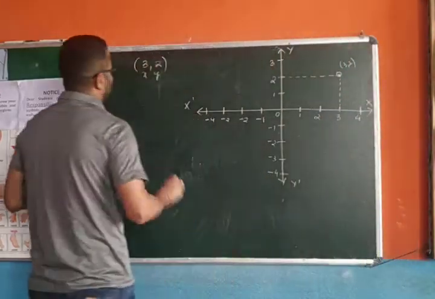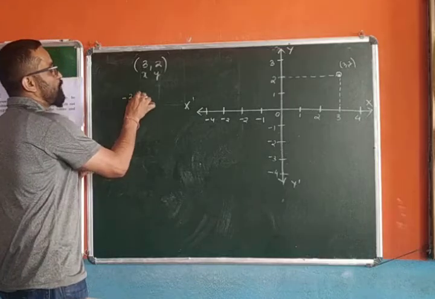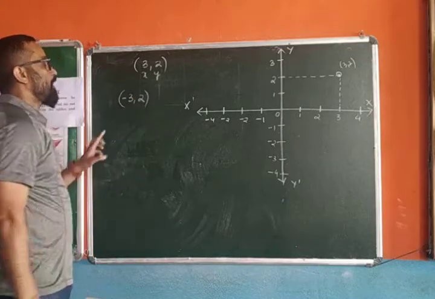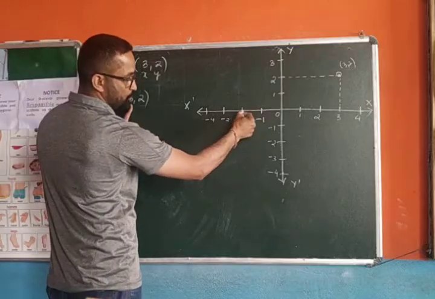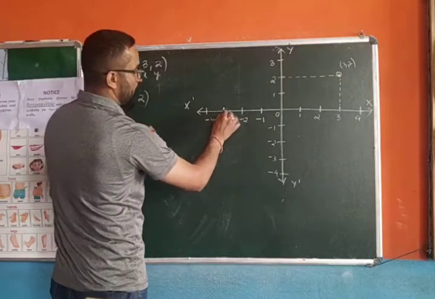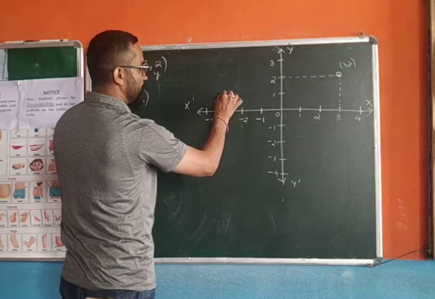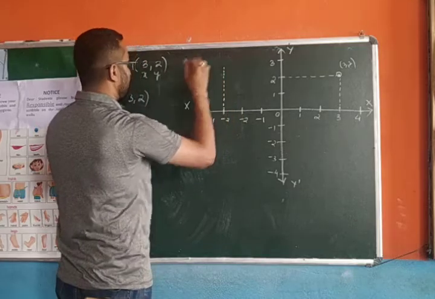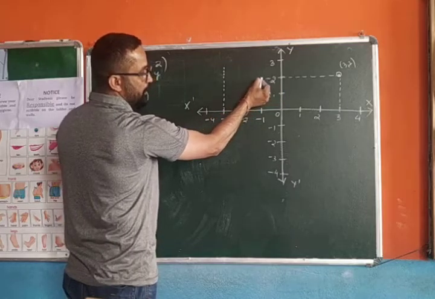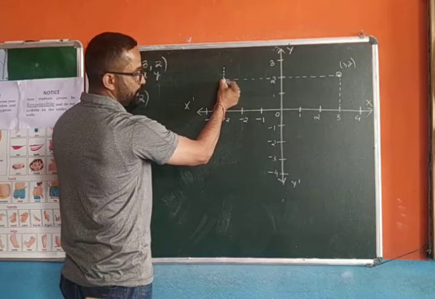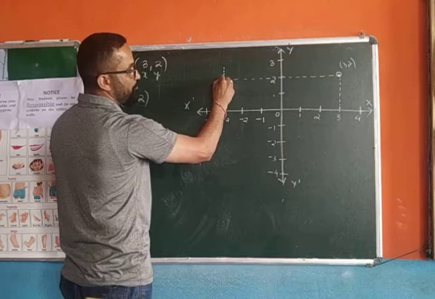Similarly, suppose you have -3, 2. X is -3, so you have 1, 2, 3, -3. From here you draw a vertical line, broken. Y is 2, so from 2, a horizontal line. This intersection will give you the point.